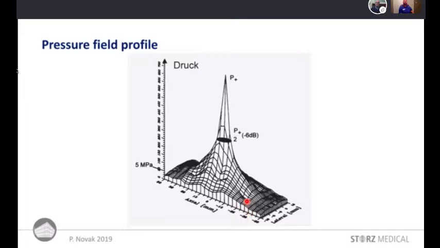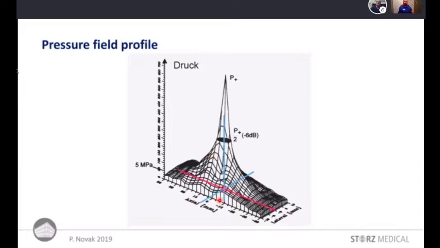You see here this 50% of maximum pressure is the focal area. Here is the propagation direction. So you can compute the energy which is delivered in this area, which has a diameter of approximately the focal zone.